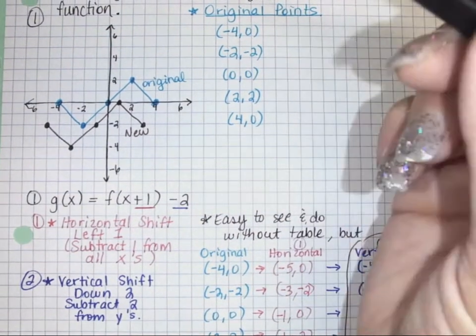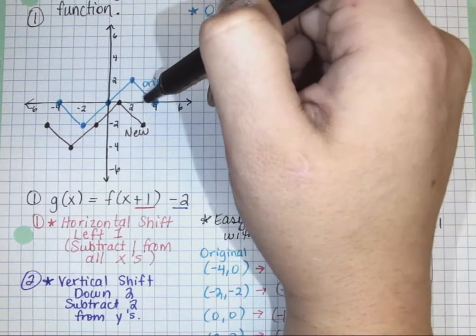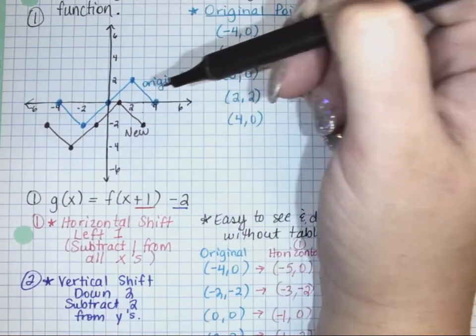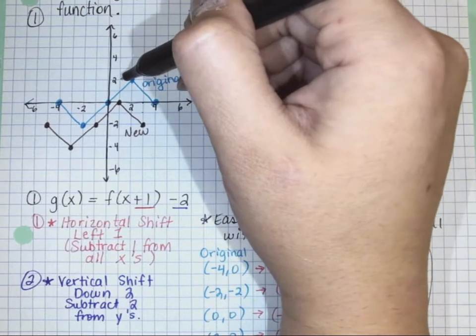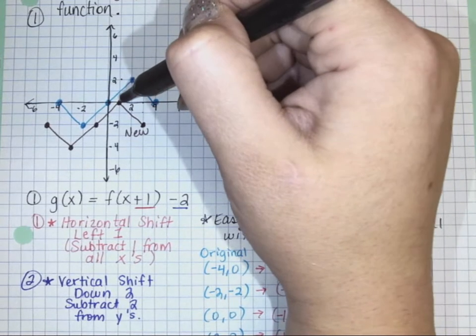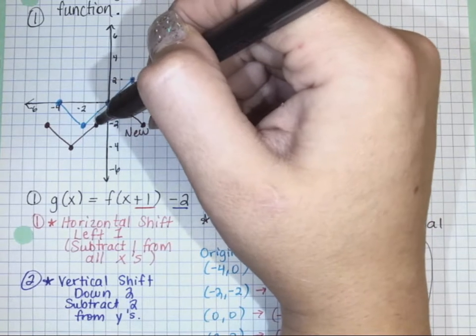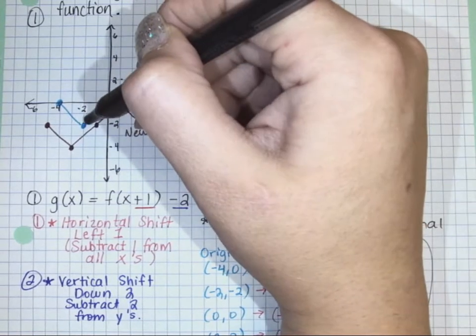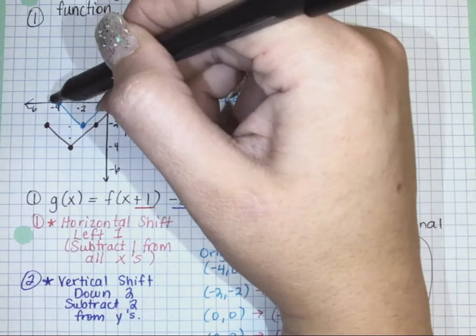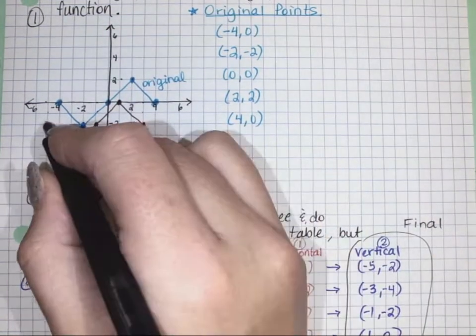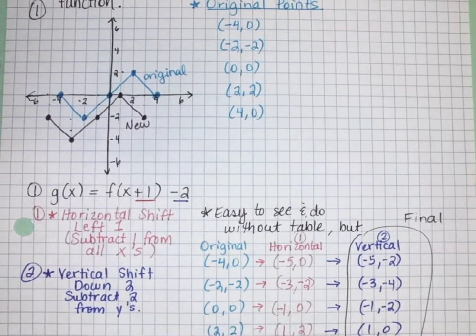So all you have to do is take every point on this graph and move it left 1 and down 2. So notice this new point moves here. I take this point, move it left 1, down 2 places, left 1, down 2, left 1, down 2. And then you just plot your new points.